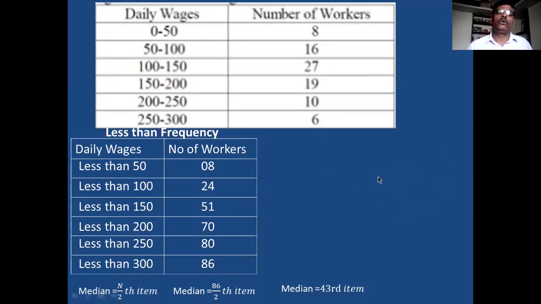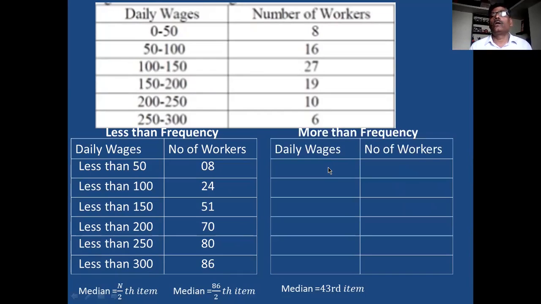And next, I will show you the more than cumulative. What is more than cumulative frequency? More than earning. In case of more than earning, you have to take the lower limit as the base. In the less than frequency, upper limit is considered as base.